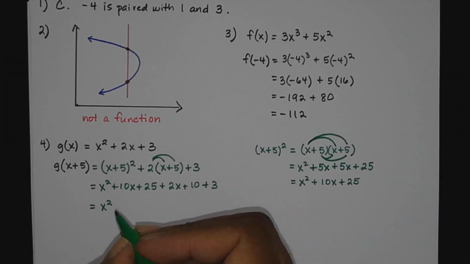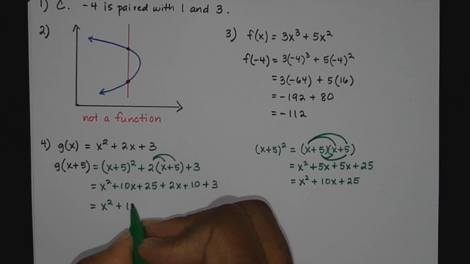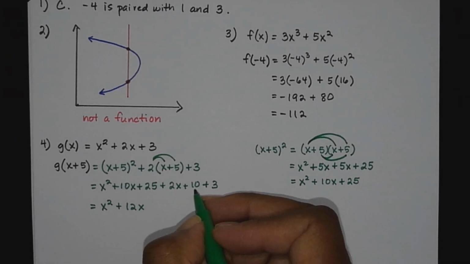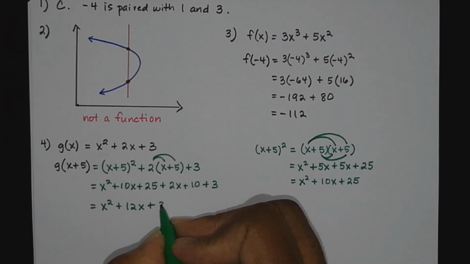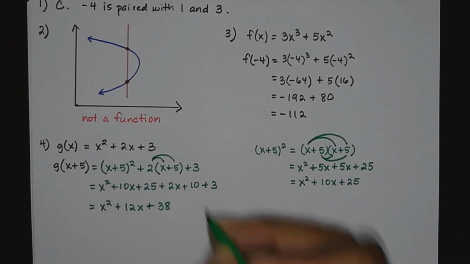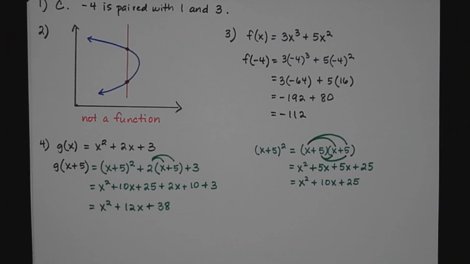Now it's 10x plus 2x, 12x. 25 plus 10, that's 35. 35 plus 3 will be 38. So for g of x plus 5, I get x squared plus 12x plus 38. And it's just going to be an algebraic expression.